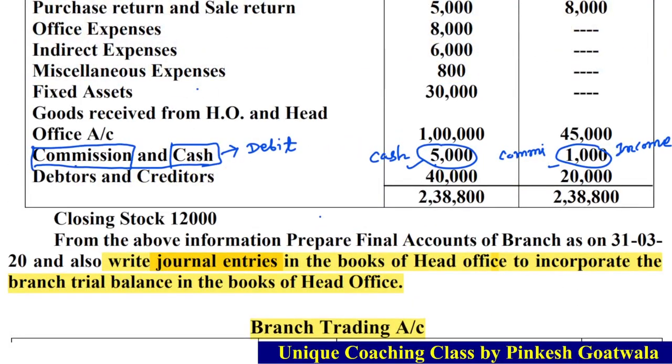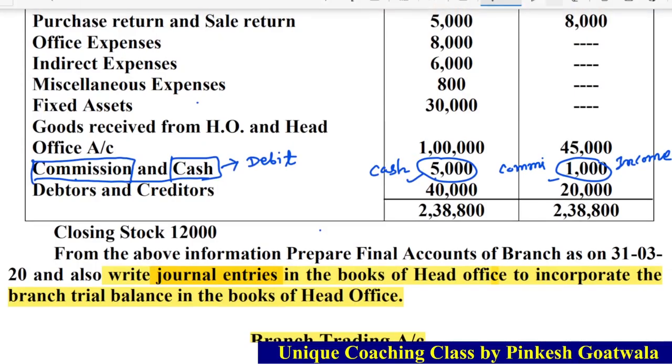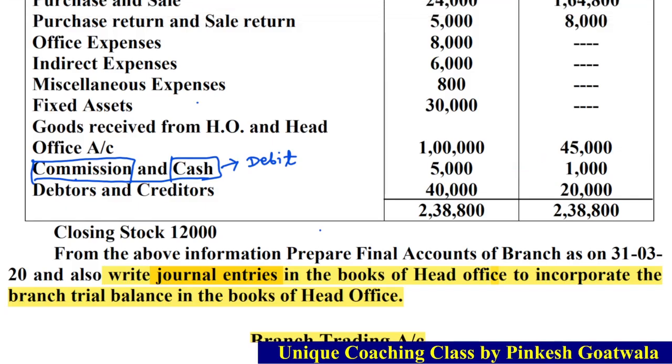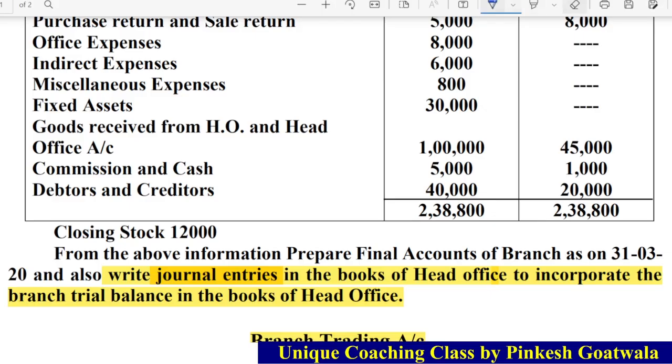Now next, debtors and creditors. Here many students made a mistake here, which is debtors and which is creditors. Okay, ઘણા સ્ટુડન્ટ અહીંયા મિસ્ટેક કરી બેસે છે કે આમાંથી debtors કયું અને creditors કયું. So remember, debtors are our asset. Okay, debtors are our assets, so always there is a debit balance of debtors, and the creditors are our liability, so always creditor has a credit balance.